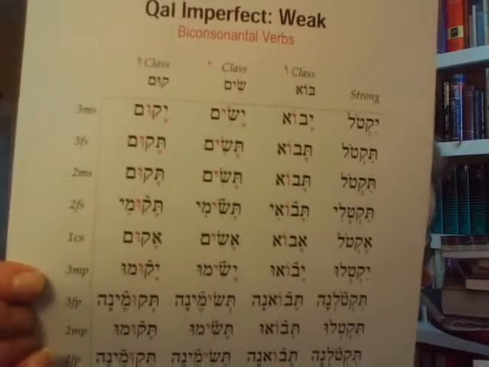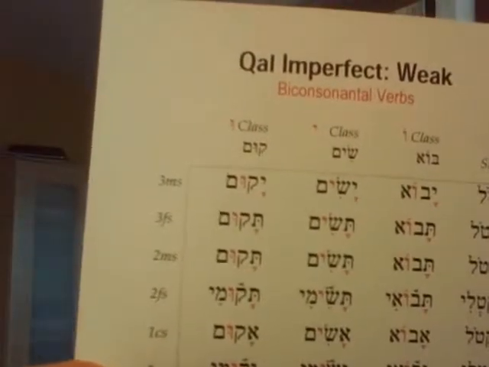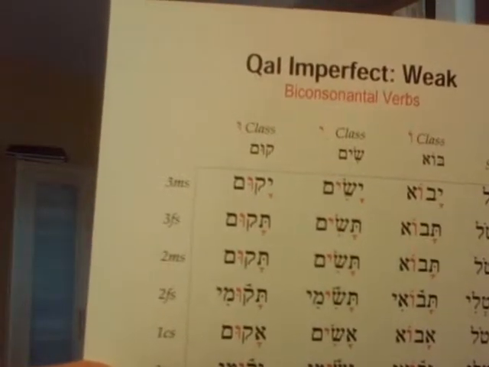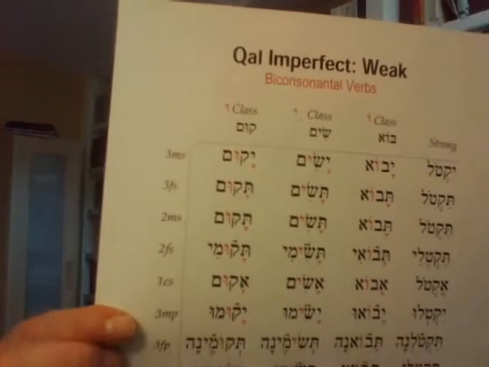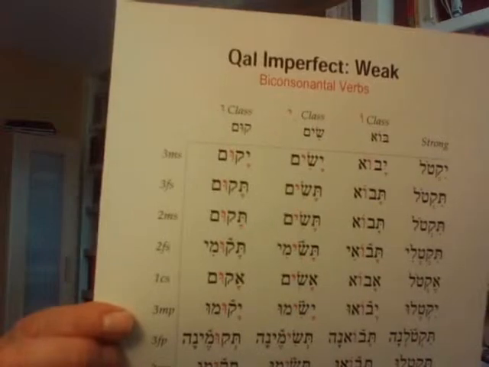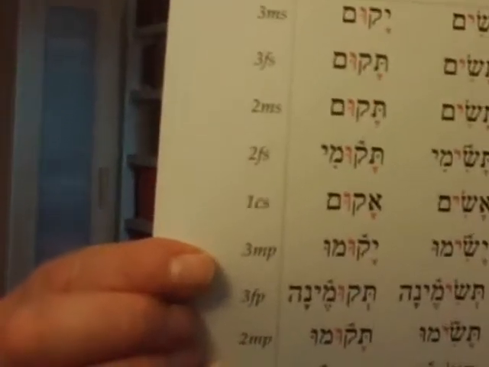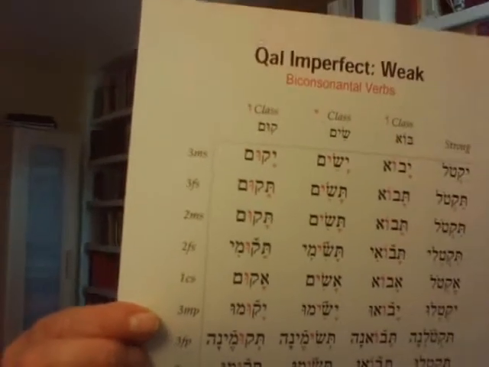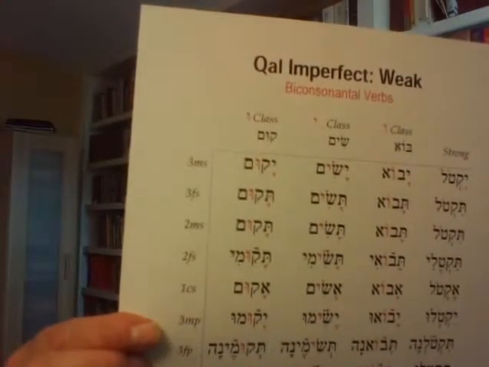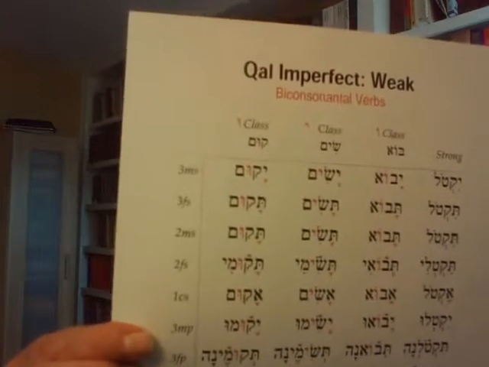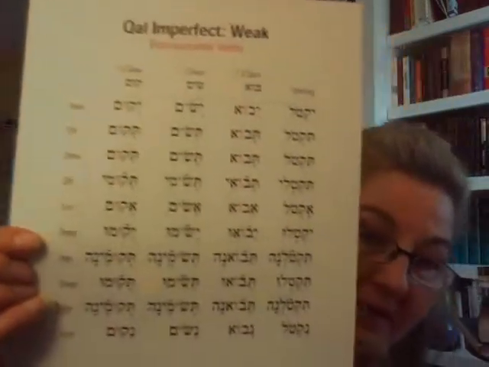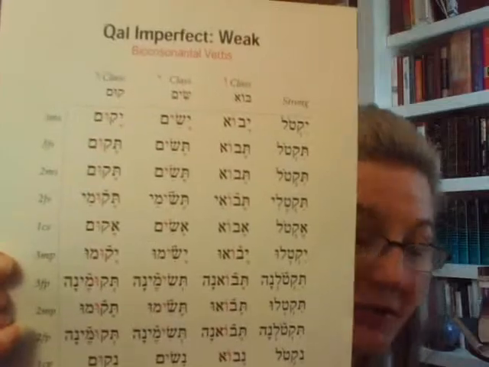The stem vowel of every form is determined by the biconsonantal subclass, the shureq, the hireq yod, or holem waw. It should be noted that some mixing of the diagnostic stem vowel does occur. For example, yishom is sometimes rendered yishom. It should also be noted that sometimes the stem vowel may be written defectively. And those are just some basic things, and you can find that information in your book.